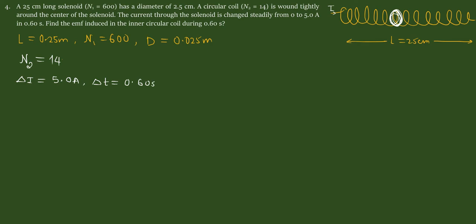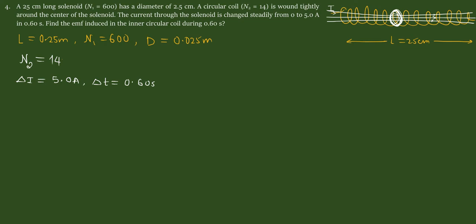Okay, so we know that there is current going through this solenoid, and when there is current in the solenoid, it produces a magnetic field, and the magnetic field inside the solenoid is more or less straight like this. That's the magnetic field, and it's because of the current in the solenoid.